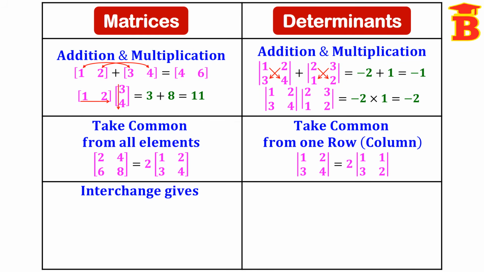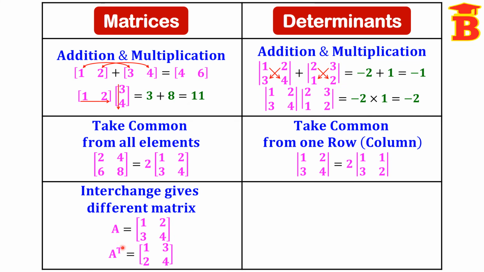And then finally, interchanging gives a different matrix. For example, consider the matrix 1, 2, 3, 4. Take it as A. Let us interchange this. Interchange means transpose. That is changing rows into columns.